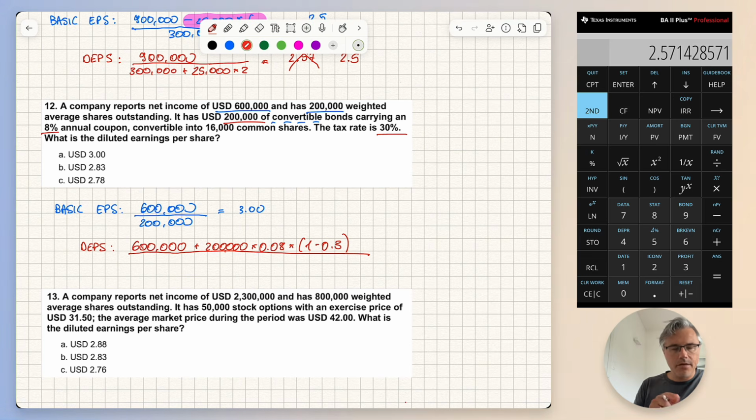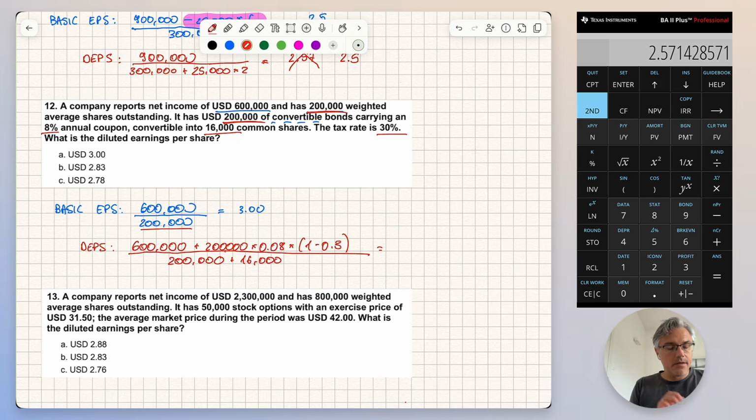Realistically speaking, you can just take your calculator and start punching in those numbers, but you have to practice a little bit to make sure you know what you're doing. In the denominator, take the existing weighted average number of shares, the 200,000 that we also used for the basic EPS computation, and now increase that for the number of additional shares being created upon conversion. That's 16,000.